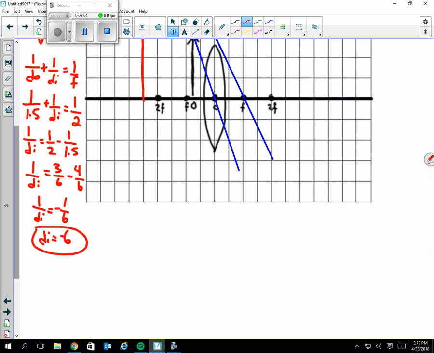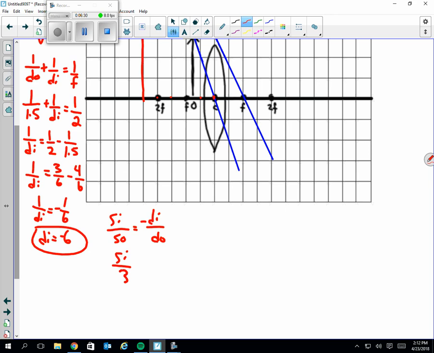The negative sign means it's to the left of the center. Image is 1, 2, 3, 4. I ended up with 5 in my ray diagram. Again, it's not exactly right, but the math does verify that we're about right with our ray diagram. SI over SO is minus dI over dO.